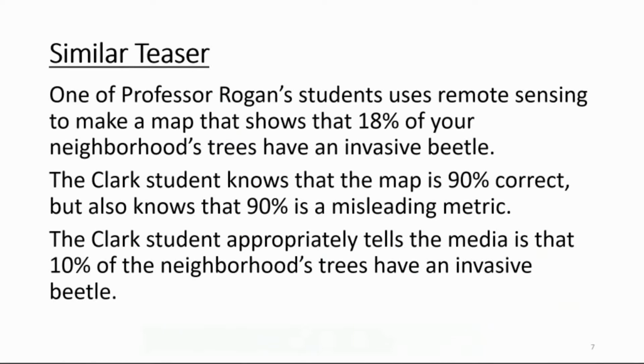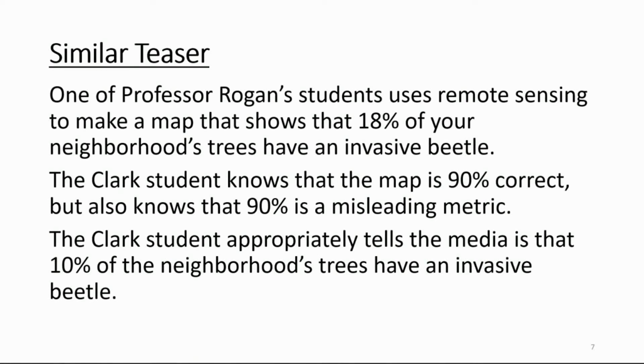Well, our Clark students, because they've taken our class, know that when they compare the map to what's on the ground, the map is 90% correct, but also know that 90% correct can be a remarkably misleading metric, especially because it seems so easily understood.